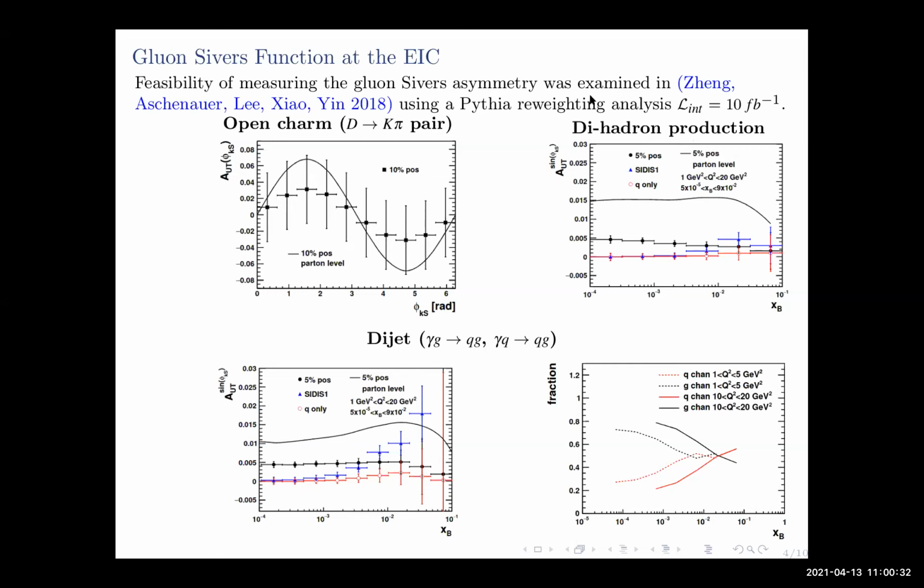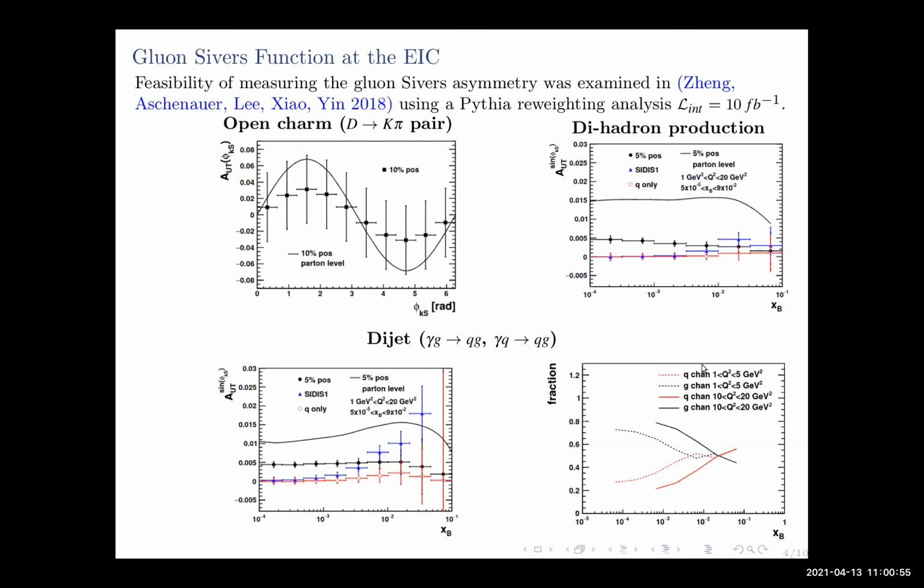And you can see that in dihadron, for instance, the parton level asymmetry is reduced by a factor of 3, whereas in the dijet case, the parton level asymmetry is reduced only by a factor of 2. So the conclusion that was made in this paper is that the dijet channel is actually the best channel for measuring this parton level asymmetry at the Electron-Ion Collider.